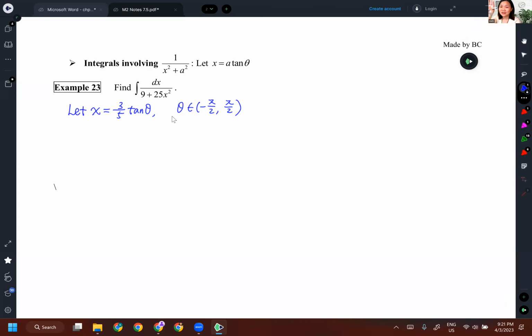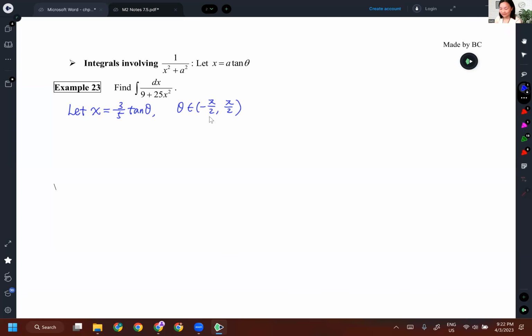In the previous example, it's because the denominator cannot be 0. But in this case, it's because tangent 90 degrees does not exist. That will naturally give you theta belongs to the open interval without the two endpoints. Okay, so a different reason for not including -90 and 90.